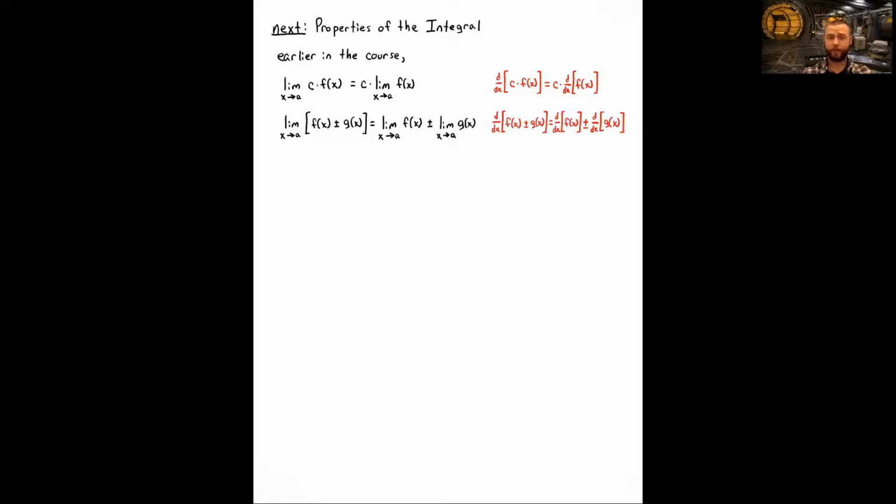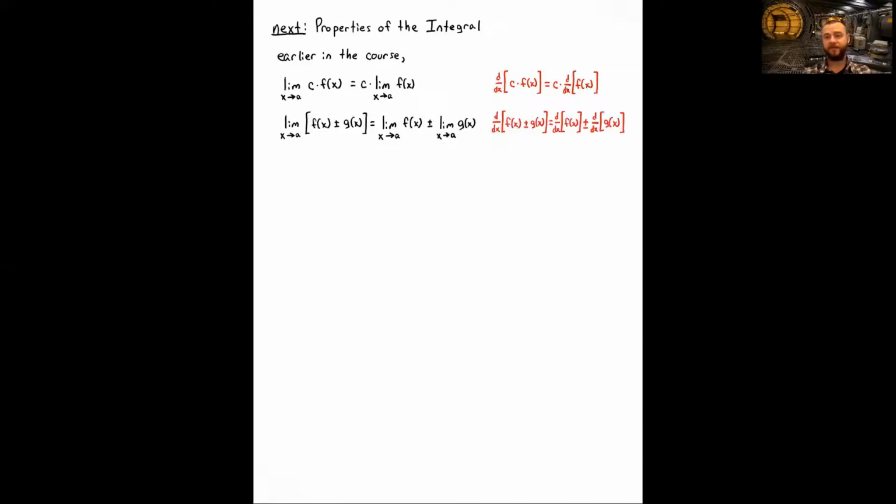And the second rule says you can add or subtract, take a sum or difference of your individual limits, provided each limit exists. All right, now those limit laws were used to get these properties of the derivative. You can pull a constant multiple in front of the derivative, and if you have the derivative of a sum or difference, that's equal to the sum or difference of the individual derivatives.